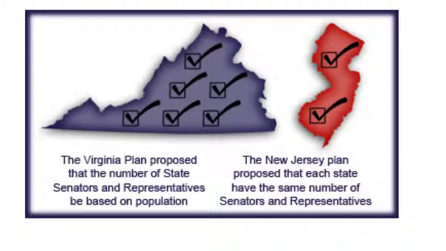So as we discussed in class, and we should be familiar with this, one of the main concerns during this convention is how will it be determined how many representatives a state gets in voting in the new country. Under the Articles of Confederation, every state received one vote. No matter what, if you were a state, you received a vote.